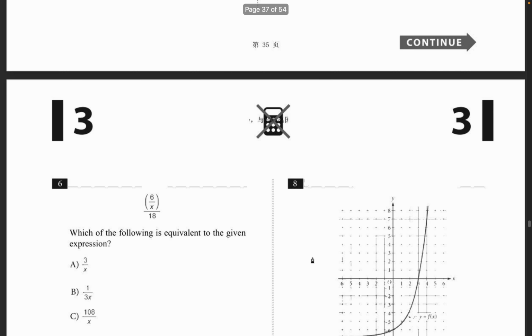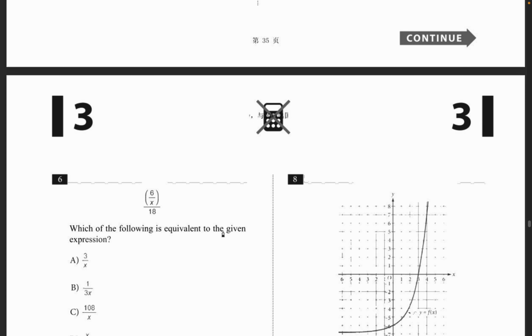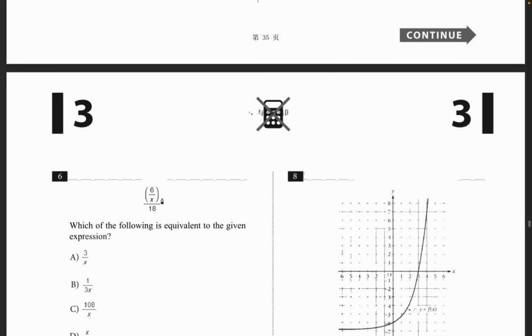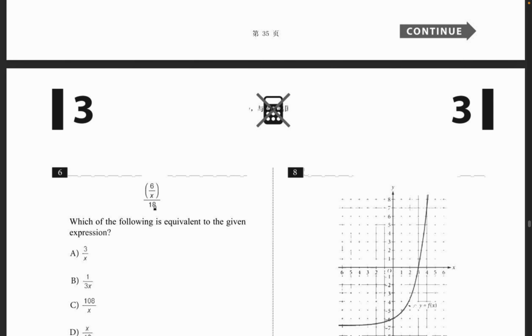Okay, next. Which of the following is equivalent to the given expression? Okay, so we're doing 6 over x, so it's a fraction, right? So we're doing 6 over x divided by 18. To divide fractions, you multiply by the reciprocal. So what we're doing is 6 over x times, that's 18 over 1 here, we multiply by the reciprocal, so 1 over 18.